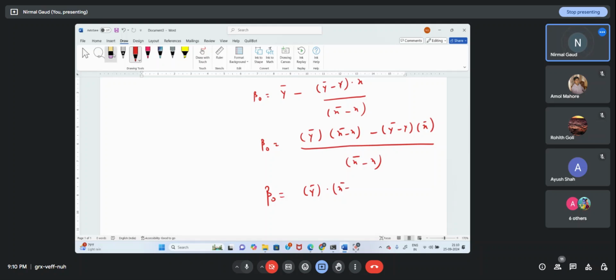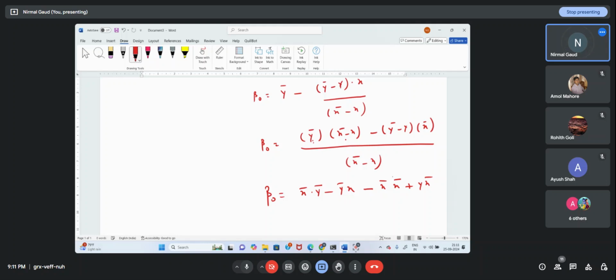Okay, let me solve properly. So it will be like this into this, so x bar y bar, then y bar x, then minus of x bar y bar plus y x bar.